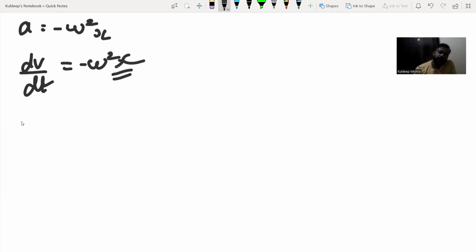So we will do a little manipulation. This dv by dt can be written as dx by dv into dv by dt. What I'm doing is manipulating this and writing it as dx by dv into dv by dt.